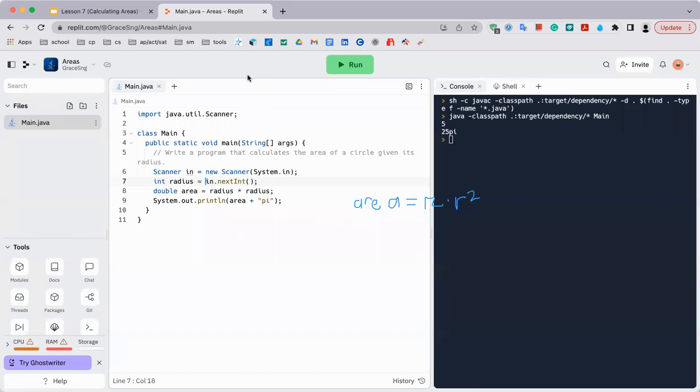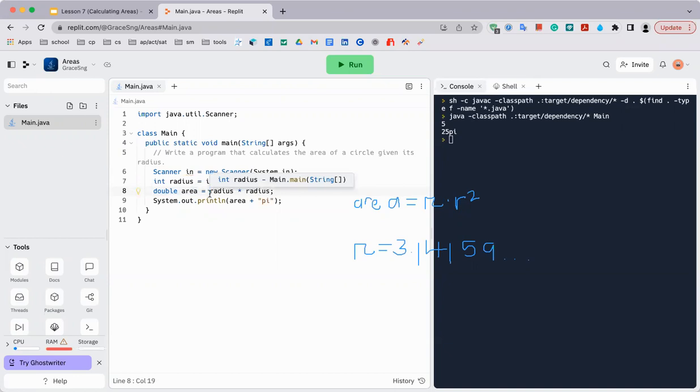So pi is about 3.14159, I believe, and so on. So as you can see, r squared is going to be an integer value, but pi itself isn't. So the area has to be a decimal value. So we store it in a double type.